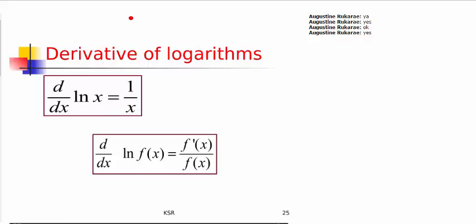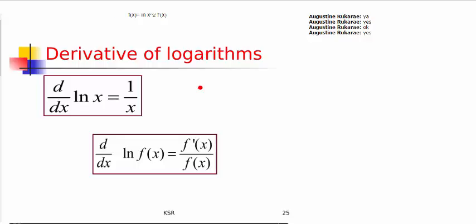So if I now say that f(x) is equals to ln x squared, that's your function. So what will be your f dash of x in this case?